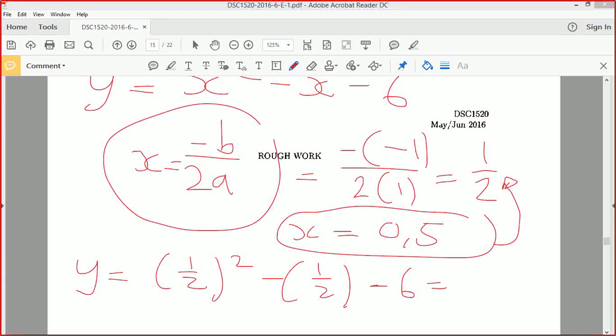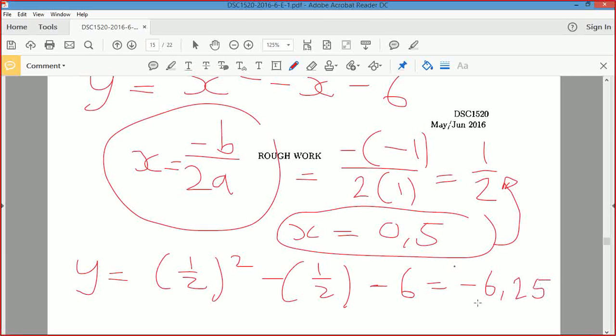Half squared is 0.25, plus 0.5 minus 6 equals minus 5.25. No, I get minus 6.25. Maybe I did something wrong. Just double check. No, what did I do wrong? Oh, sorry, I took a minus and a minus.